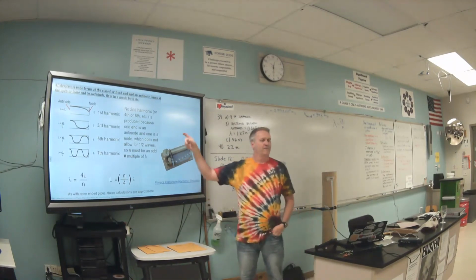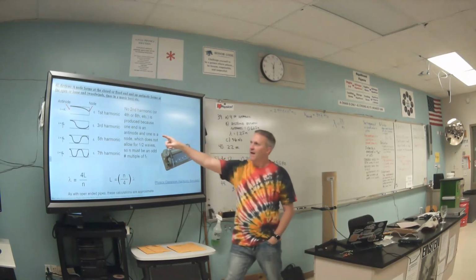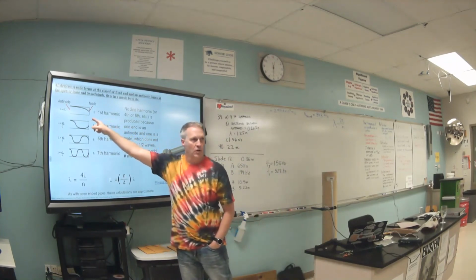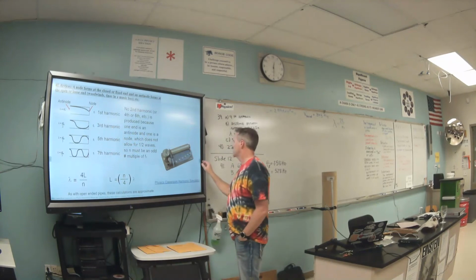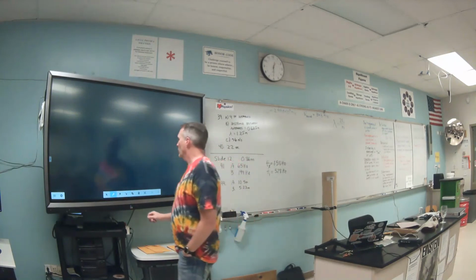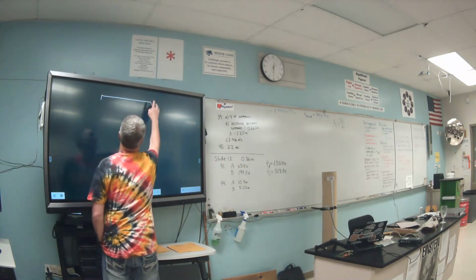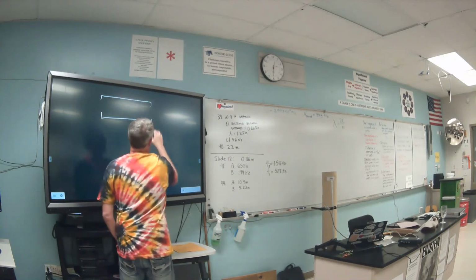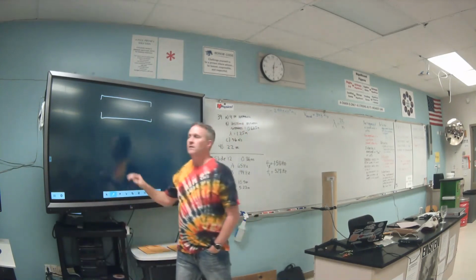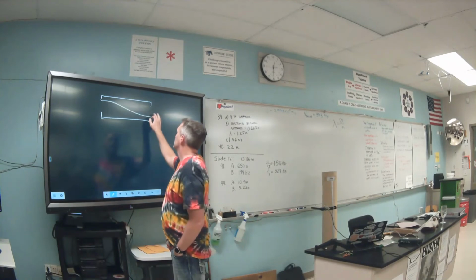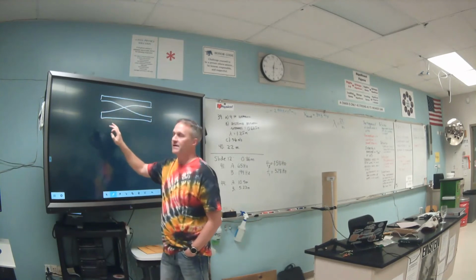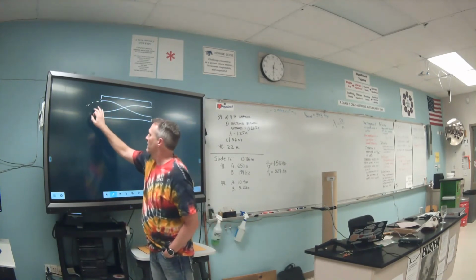When you have a device like this and you create a node at the closed end, I'm going to draw this on the TV so that people watching on the video can see it a little bit better. You end up getting a much longer pipe inside than you would if it was a 2L device. Here's a 2L device pipe. It'll go like this to get antinodes at the ends, and the rest of the wave would be like this.